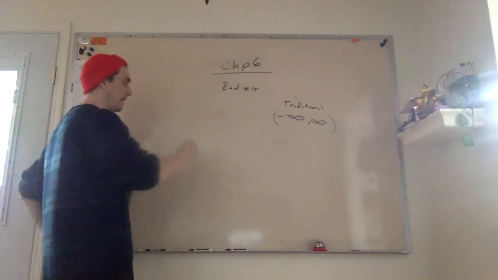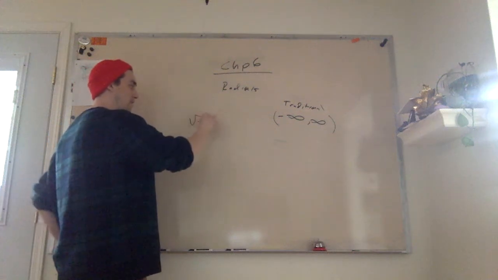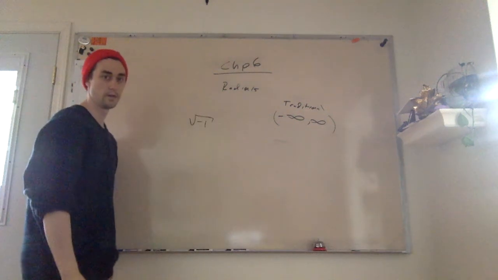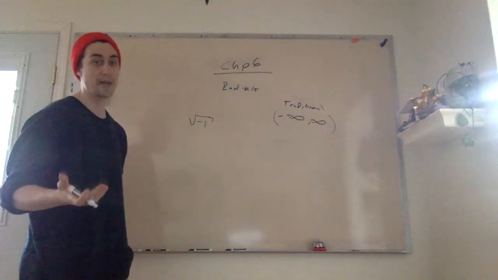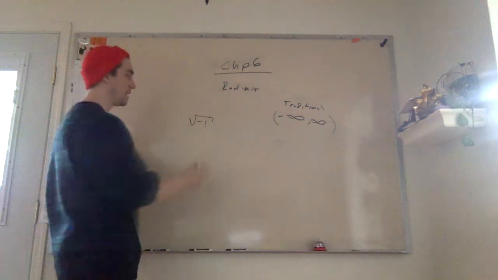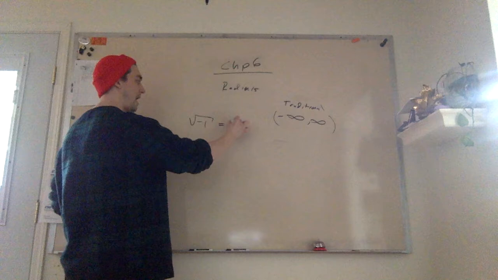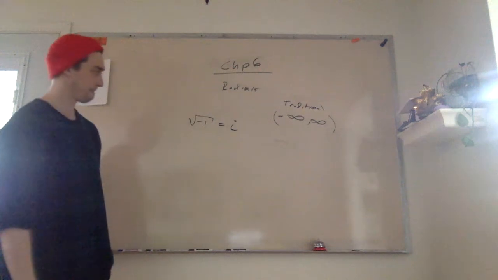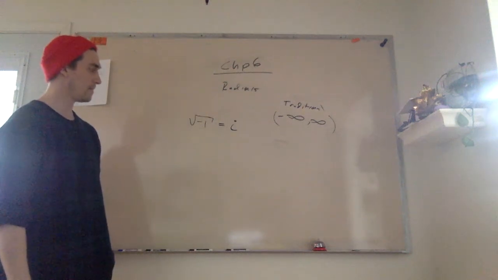You can say, all right, I do not know what the square root of -1 is, right? But we can imagine that it is a number and just give that a symbol, and you call that i. So let me just break that down.